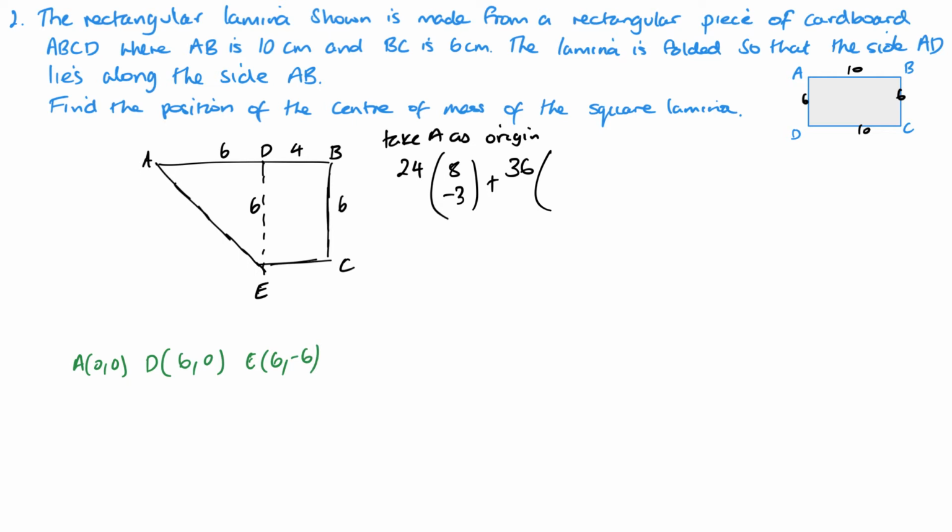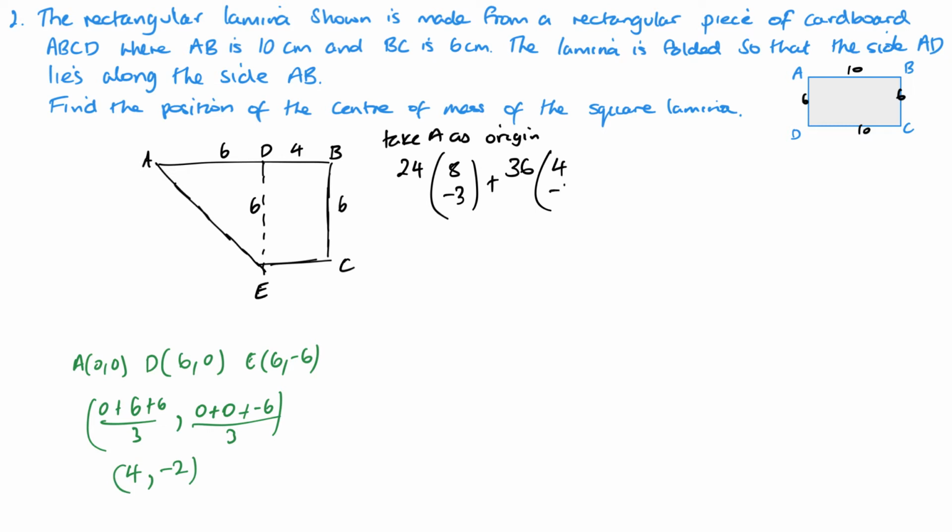So I need to total up my x's here. So 0 plus 6 over 3. And then we've got 0 plus 0 plus a negative 6 over 3. So 12 over 3 is 4, and, sorry, negative 6 over 3 is negative 2.